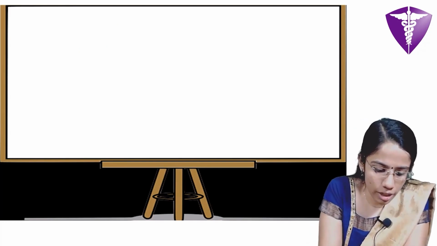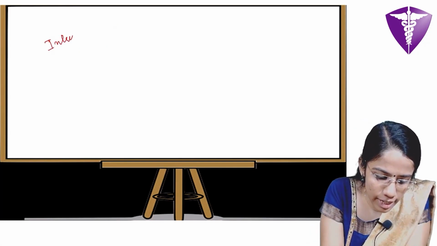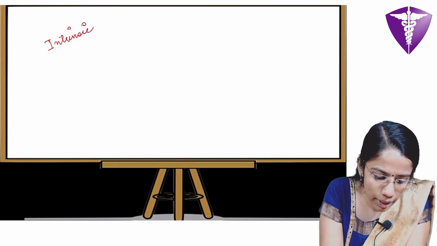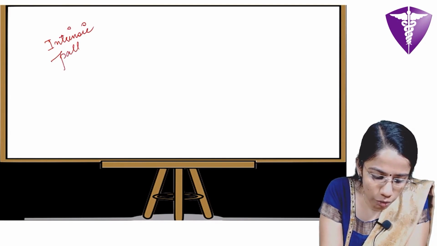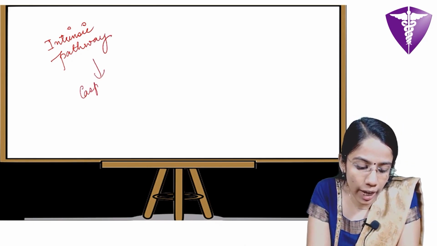So what have we learned so far? There is the intrinsic pathway of apoptosis, or the mitochondrial pathway, which leads to activation of caspase 9.